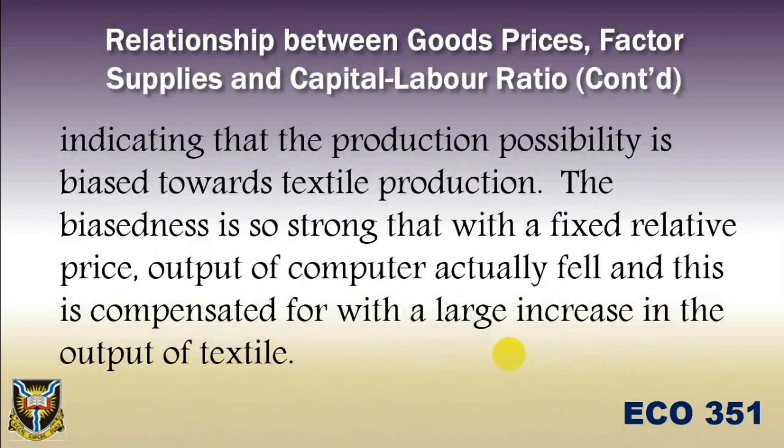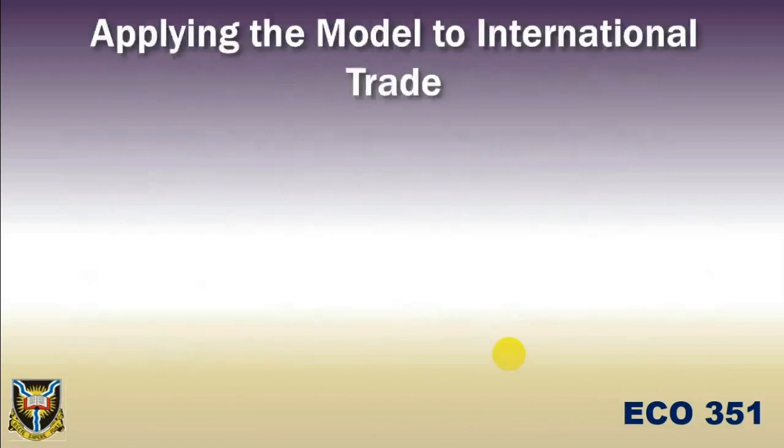The biasedness is so strong that with a fixed relative price, output of computer actually fell, and this is compensated for with a large increase in the output of textile.